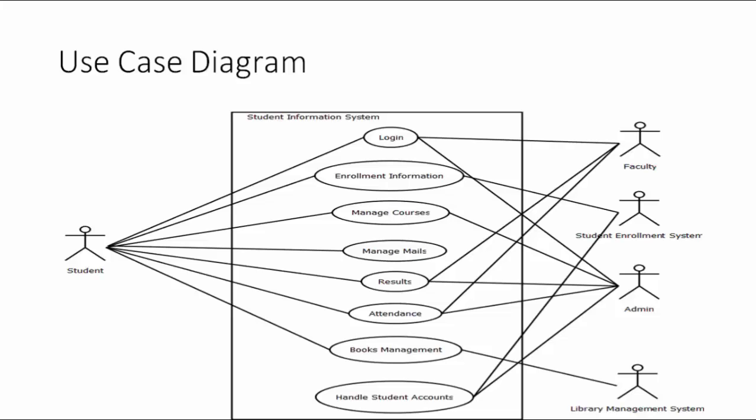The third use case is of manage courses. First, the student will be able to view the courses which he is studying, and in second choice he will be allowed to submit the course choices for a particular semester.